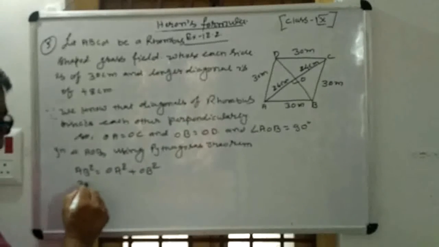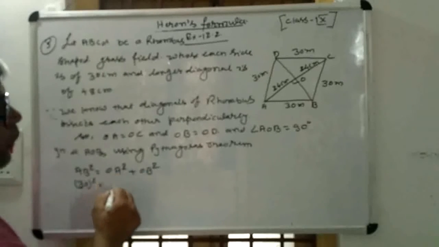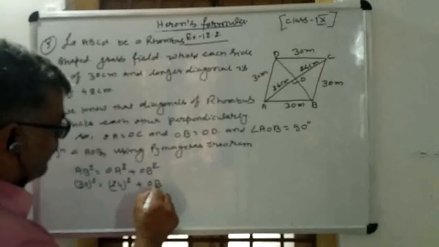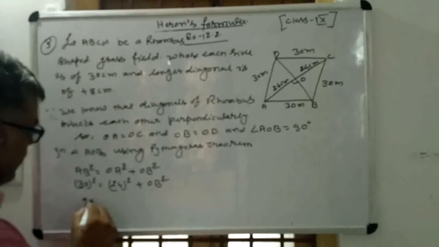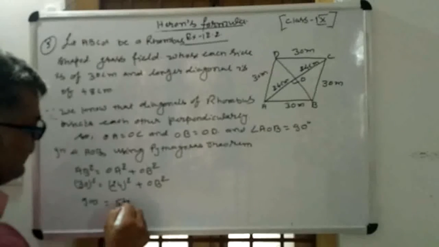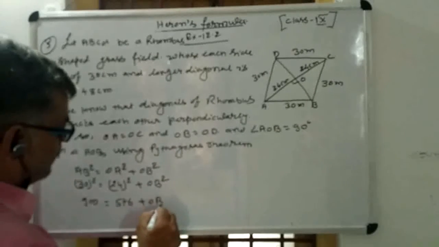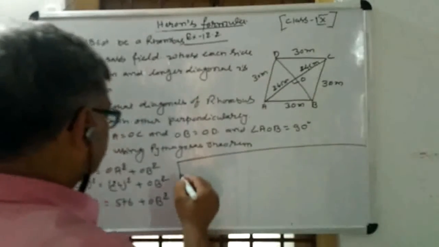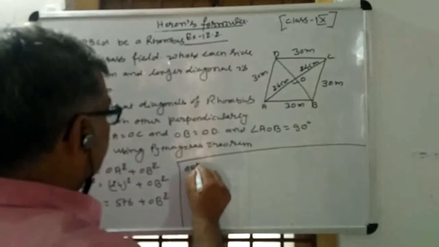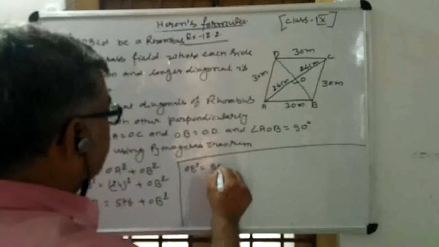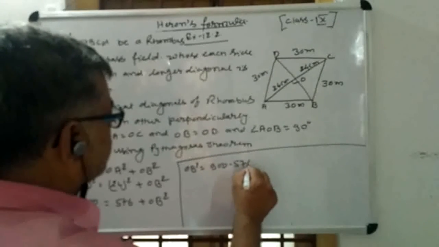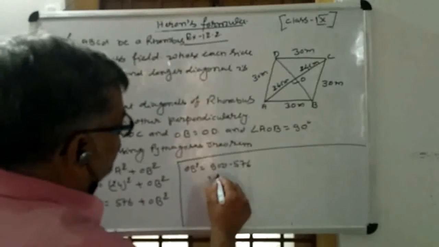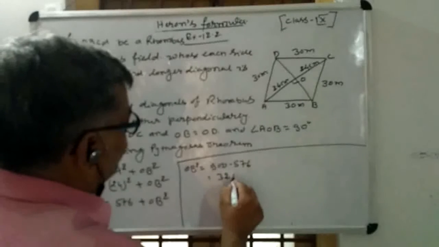AB is 30, so 30 square equals 24 square plus OB square, which is 900 equals 576 plus OB square. Simplifying, OB square will be equal to 900 minus 576, which is 324.